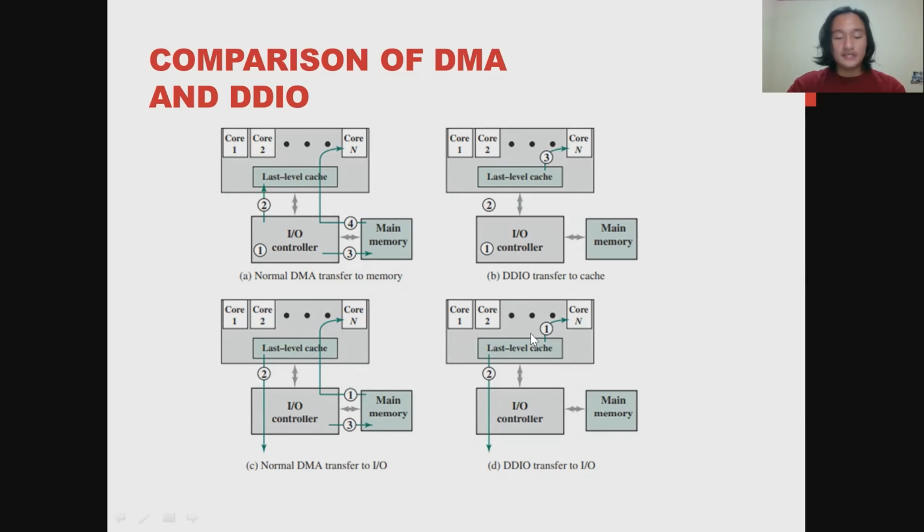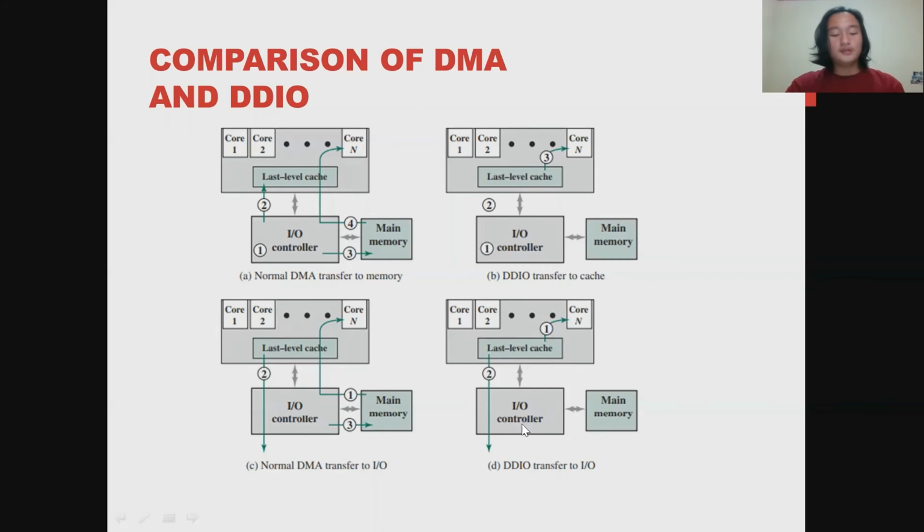The last figure, figure D, shows the steps involved in a DDIO operation for packet transmission, which is output. The TCP/IP protocol handler creates the packet to be transmitted and stores it in allocated space in the last level cache, but not in main memory, only here.